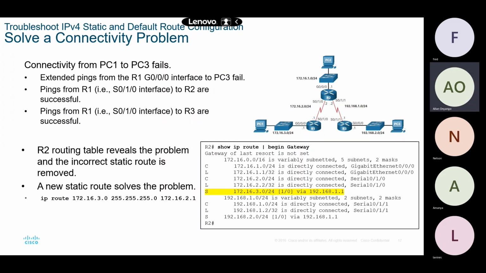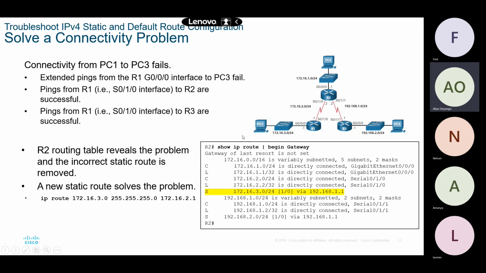So what happens is that when you view the routing table, we realize that R2 is not reaching the network where the LAN is.